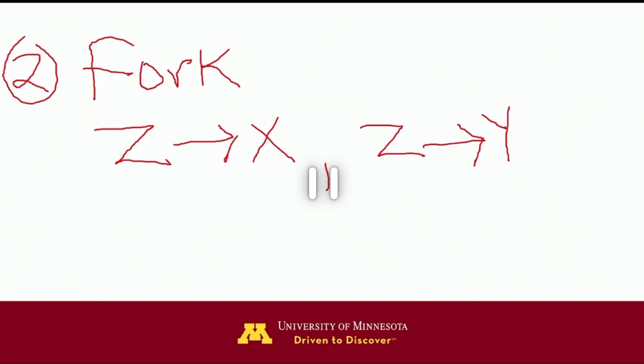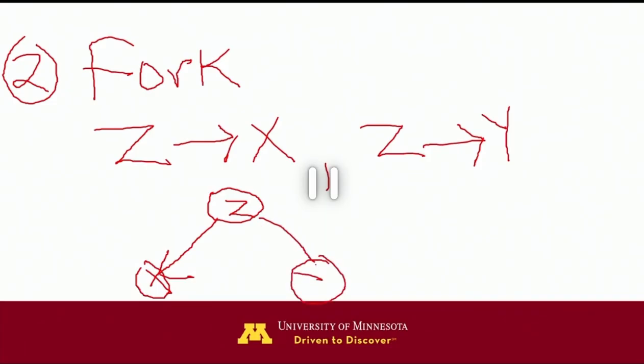If I want to draw this structure, I'm going to have Z here, and an arrow that goes to X, and another arrow that goes to Y. Can you see that now? This is what I mean. Z is causing both of them.